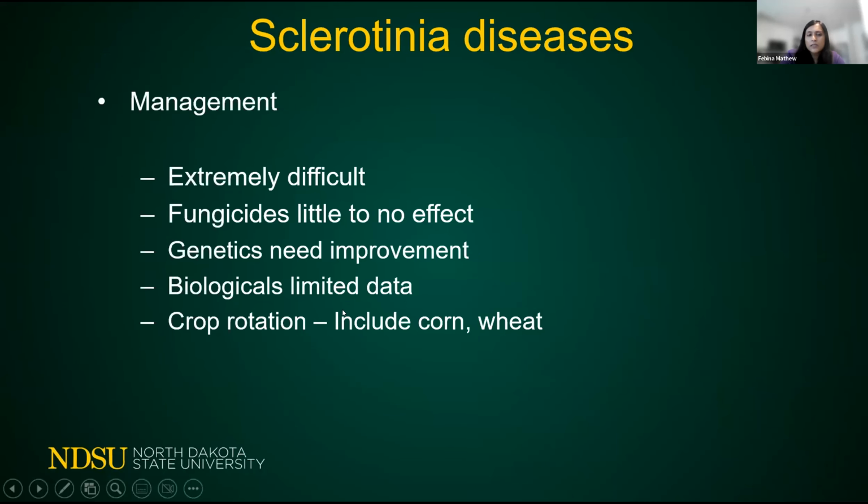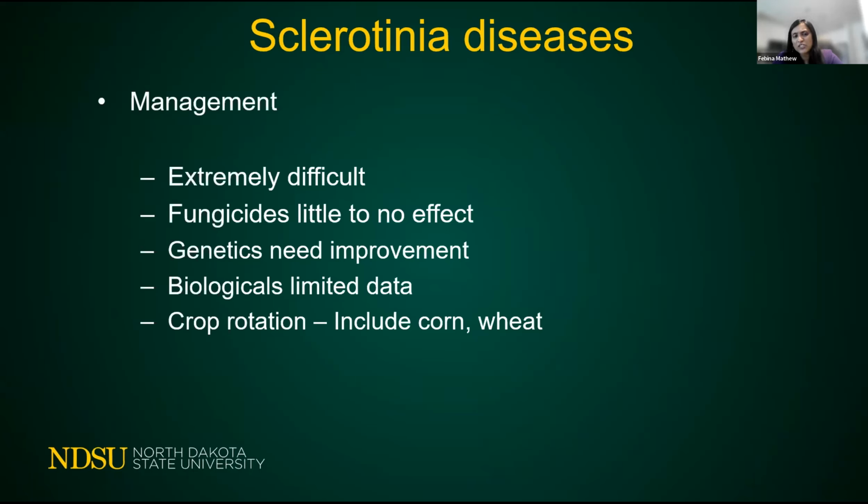The biologicals, also we don't have much data. The only biological that has been labeled against Sclerotinia is Sclerotinia minor. But one of the downsides of using biologicals is that the effectiveness that we see when compared to fungicide is a lot slower, and sometimes it can match up to how much the fungicide can help manage diseases.